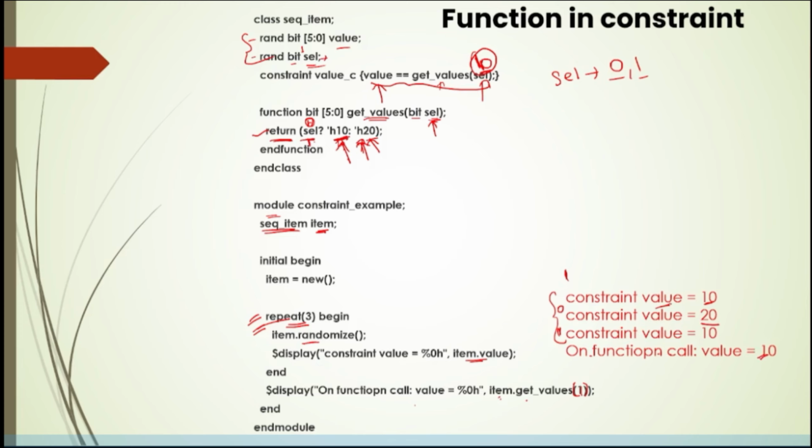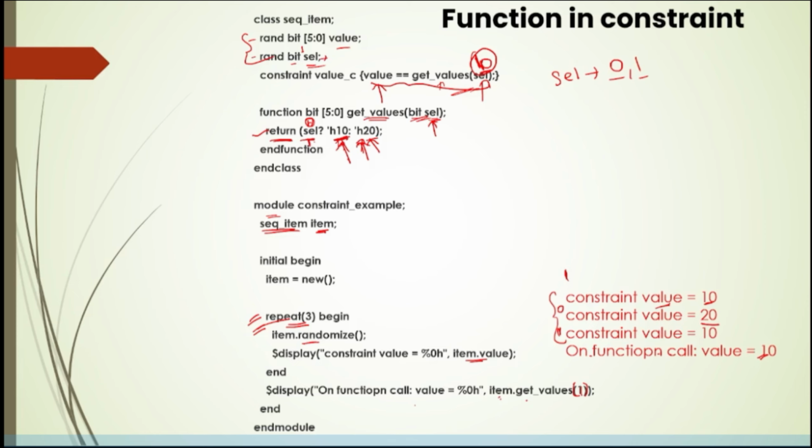So this is how you write the function within the constraint. When you want to use a function in a constraint, you write it this way: by calling the return value of that particular function, you put that limitation within your constraint. This is the example of how we write the constraint when we are writing functions.